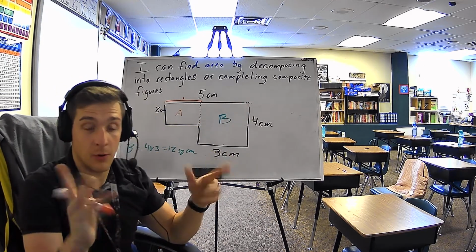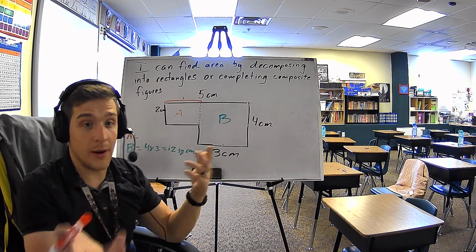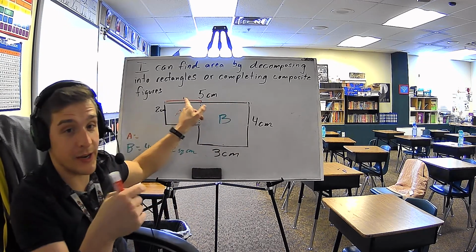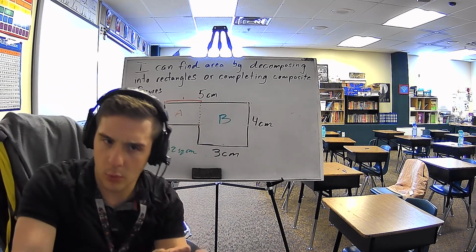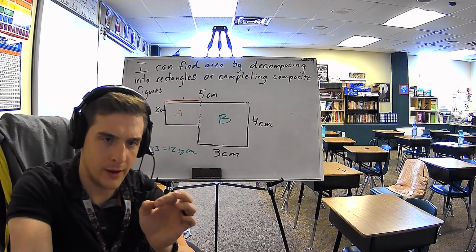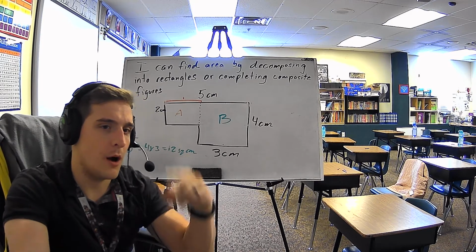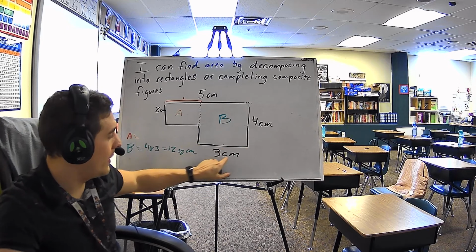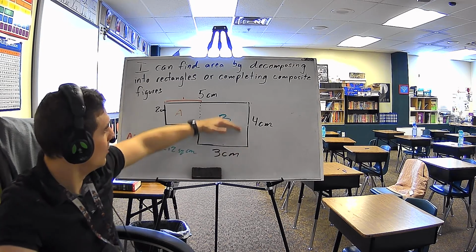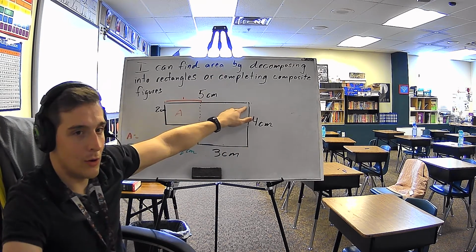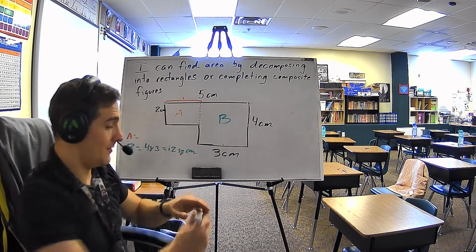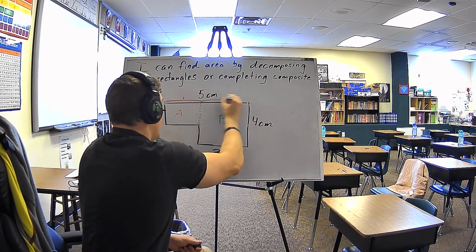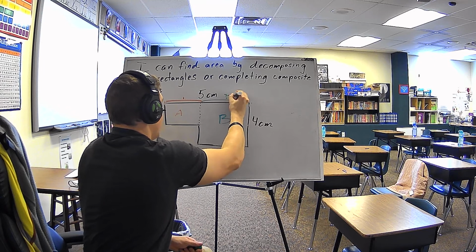Then it makes you go, okay, but I don't know what here to here is, which means I can't compare it. Remember the rule about rectangles and squares. Opposite sides are equal. If I know here to here is 3 centimeters, then this up here is also 3 centimeters.